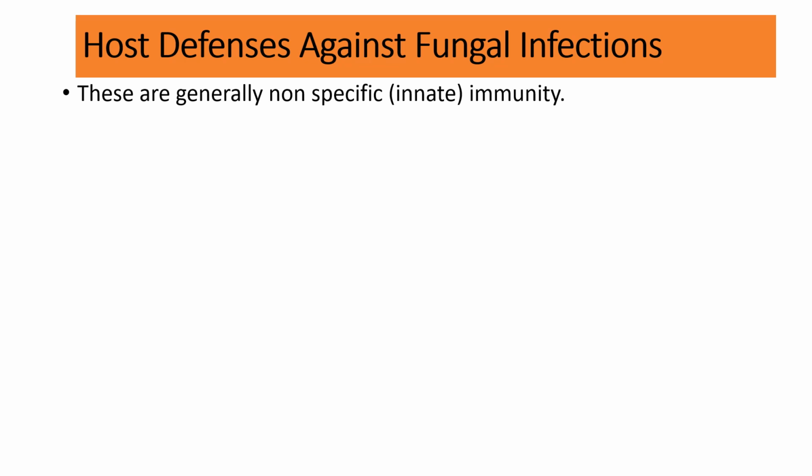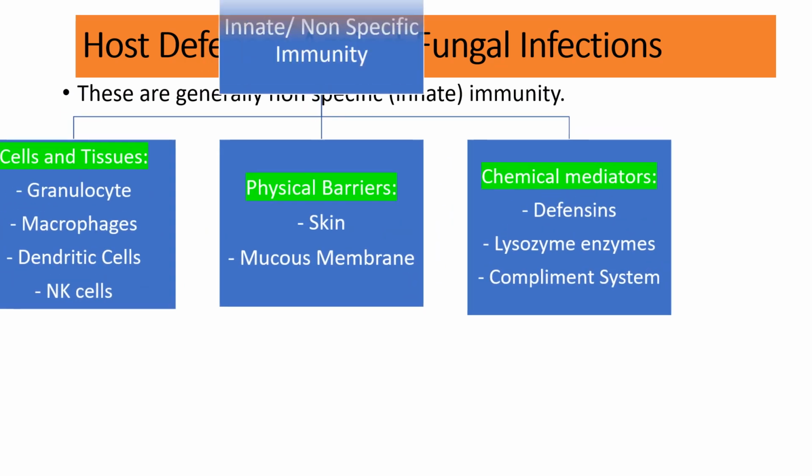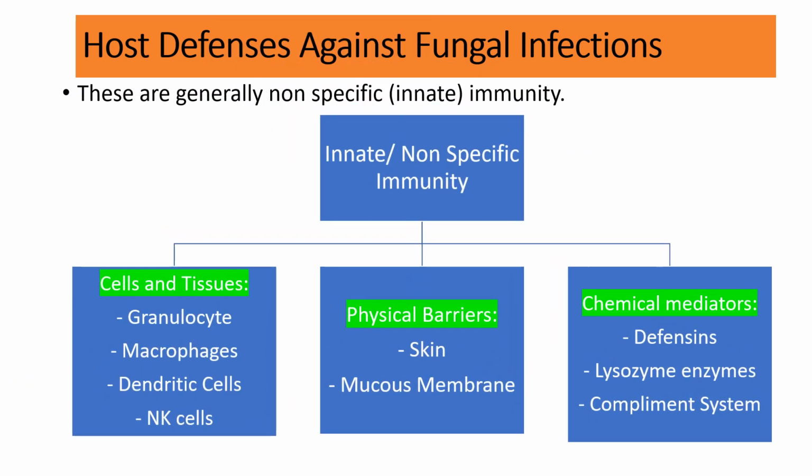Non-specific or innate immunity is the most involved in fungal infection, because most of the fungal infections are skin infections, the surface layer of the skin, the dermal layer, the subcutaneous tissues, where most of the defenses around those areas are the primary defenses, except for some fungi that cause systemic infection. That is where adaptive immunity comes into play.